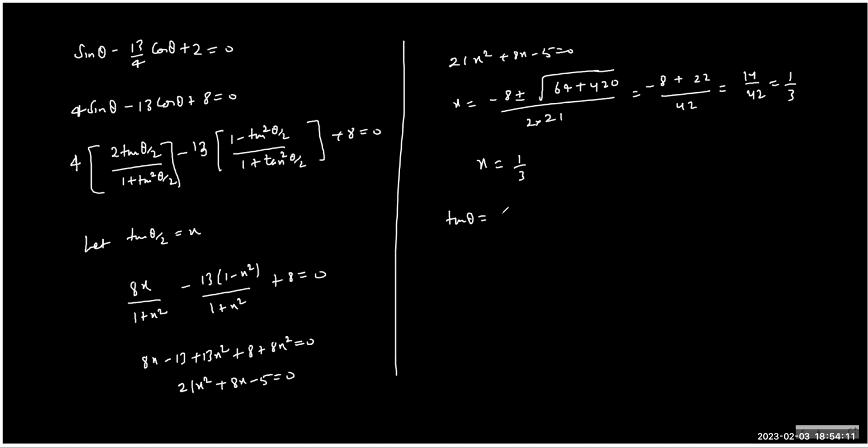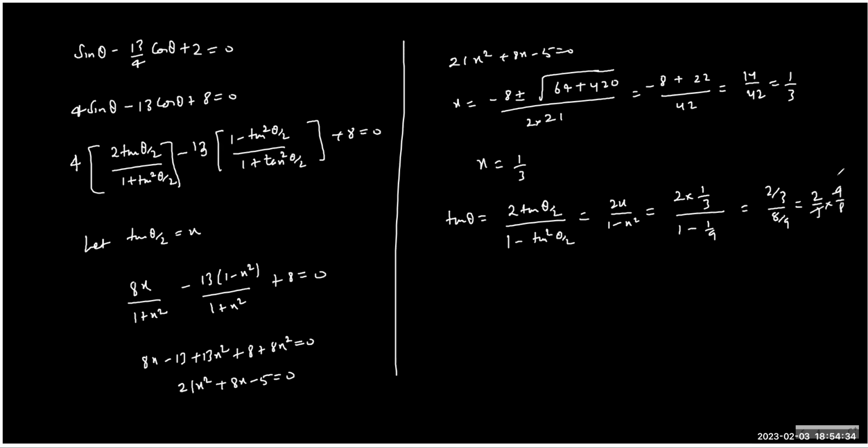And to get tan theta, we have to use 2 tan theta over 2 and so on. So this is 2x upon 1 minus x square because we know the answer, 2 into 1 by 3. So the tan theta turns out to be.